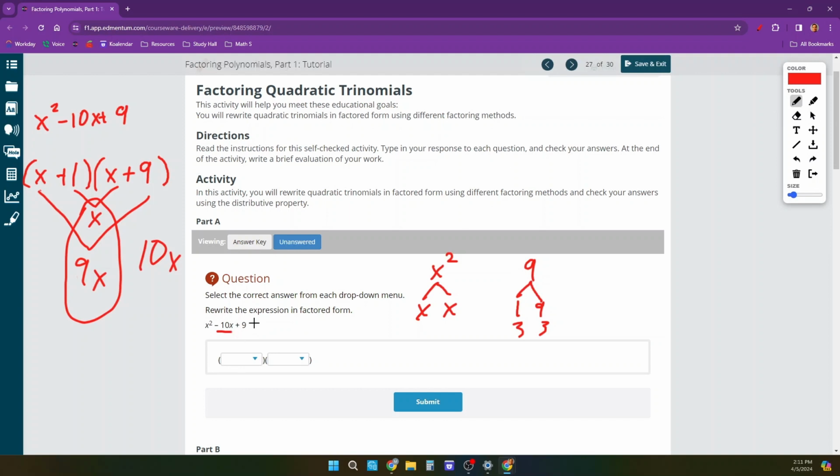So even though our number is positive 9, we could say that negative 1 times negative 9 is equal to positive 9. What that lets us do is change our binomials into x minus 1 and x minus 9, making that negative x and negative 9x, which when we add them together is negative 10x. So we have found our factored form: x minus 1 and x minus 9.